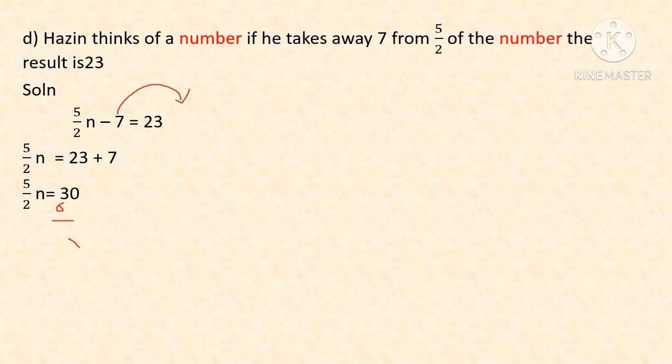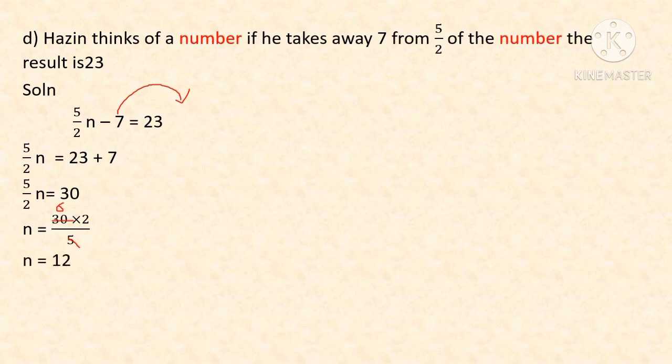Then n is equal to, bring this 5 by 2 to the right hand side, we will write the reciprocal, right? So 30 into 2 by 5. You can cancel it. 6 5s are 30, right? So 6 into 2, 12. n is equal to 12.